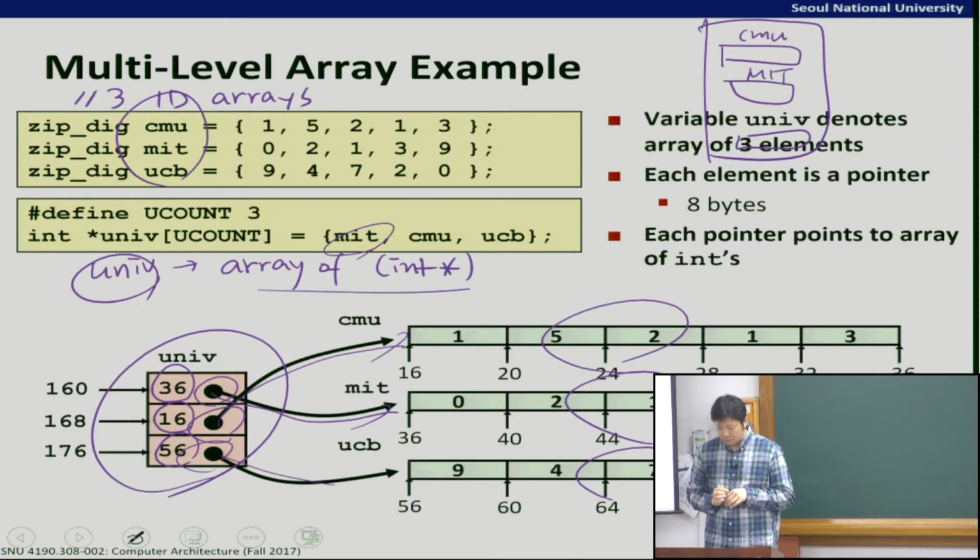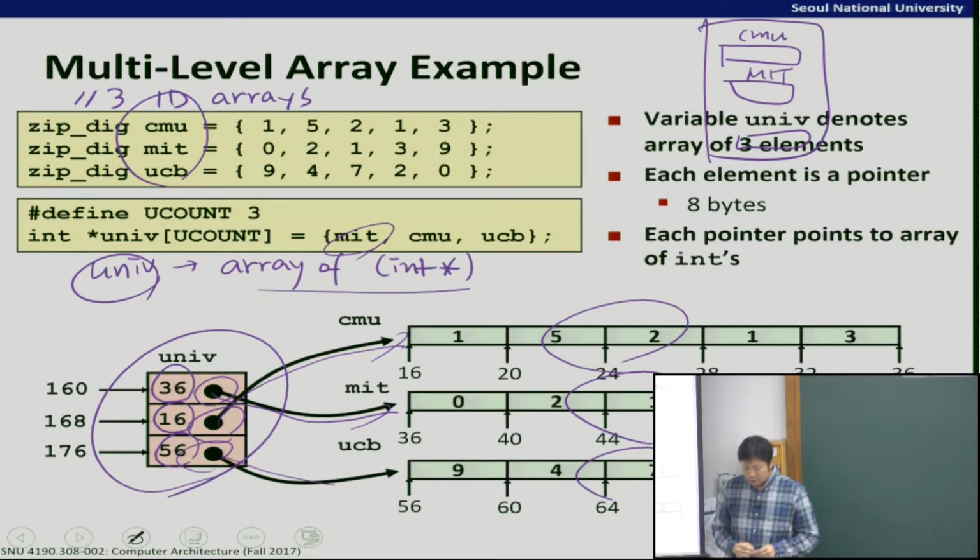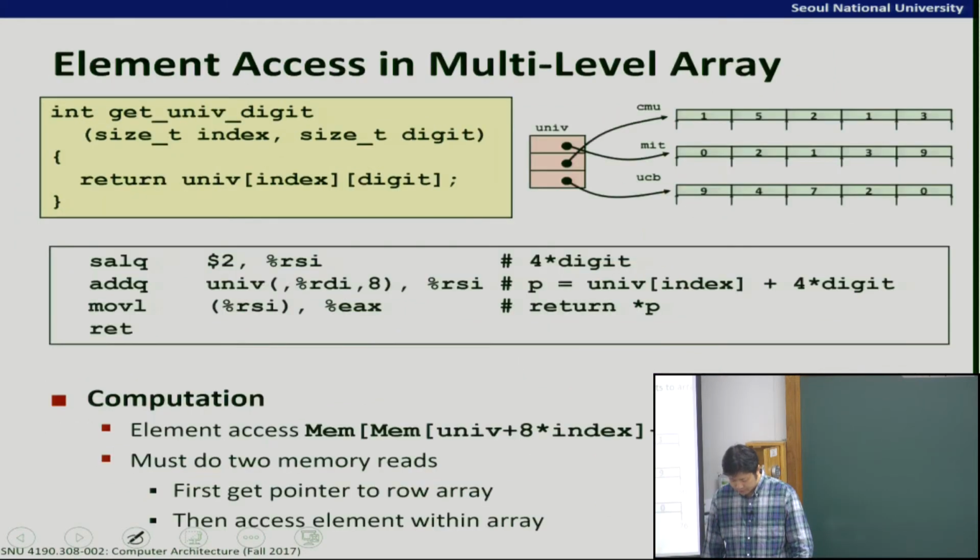This is called a multi-level array. Okay. So let's think about how things get different with this multi-level array. Variable univ denotes an array of 3 elements. Each element is a pointer to an integer array. Each pointer points to an array of ints, right?